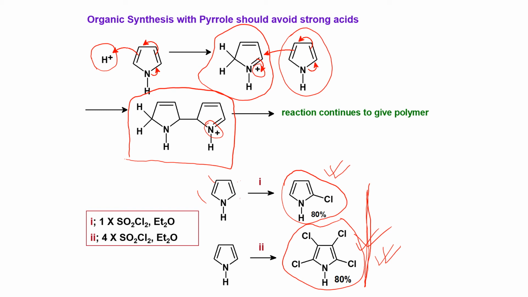Otherwise there is a chance of polyhalogenation, and with an excess amount of halogen or its derivatives, 2, 3, 4, 5-substituted pyrrole will be produced after halogenation.